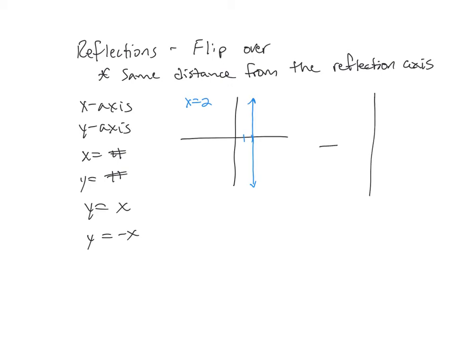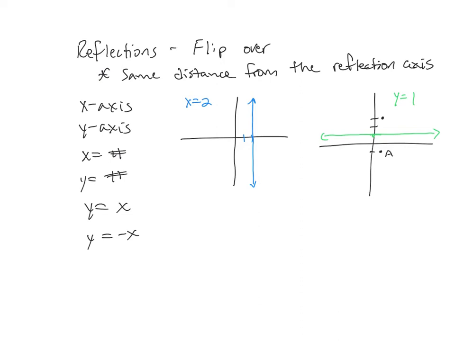Okay, and then for a y equals line, we have y equals 1. On the y-axis, go to 1. And that's the line that you would reflect over. Again, just count how many spaces to the line, and do the same thing on the other side. So if you had a point down here, well, I have to go 2 up, so I go 2 on the other side.